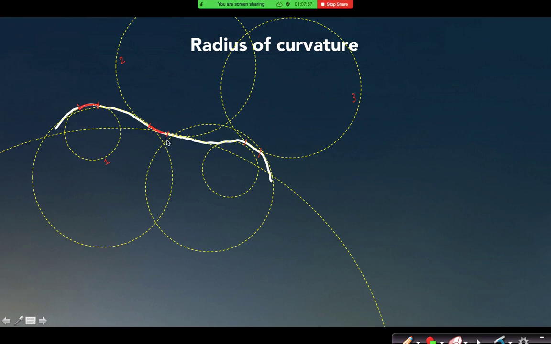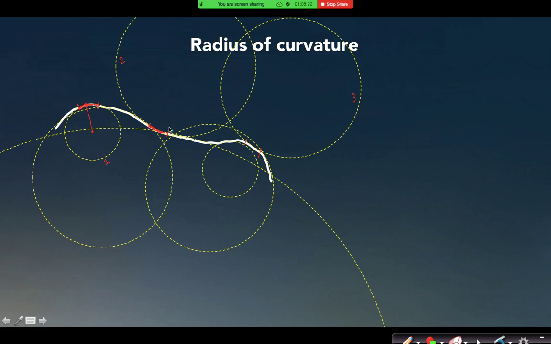Now suppose a particle during its motion is somewhere here at this point. At this point, what is the radius of curvature? That is the radius of the circle of which the small path is a part.